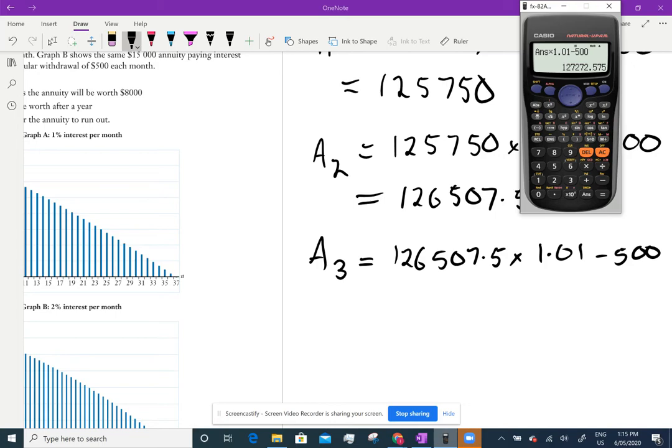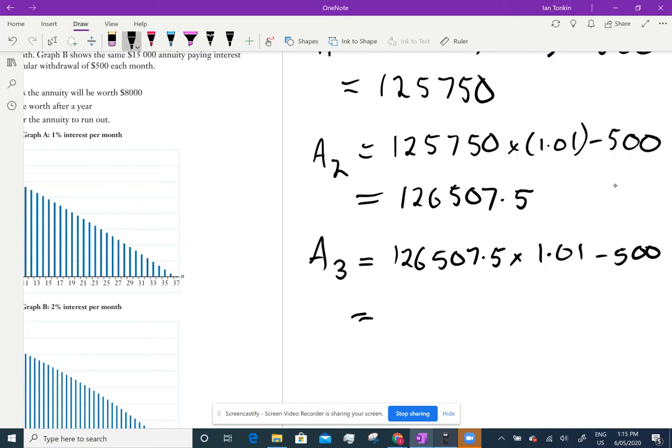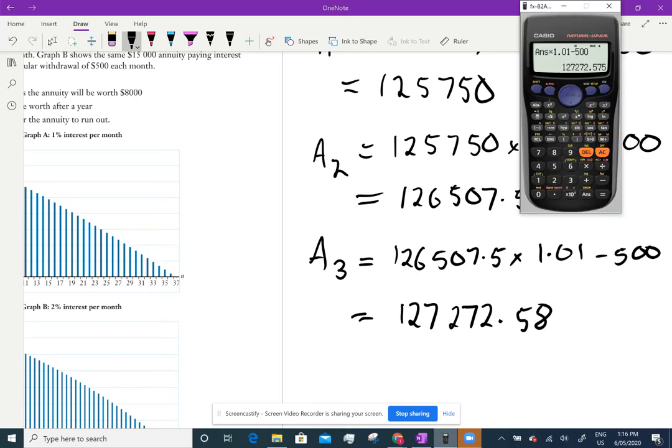And that's the right answer. The answer is 127,272.58. And what did we get? 0.575. Once you start rounding, you're going to start affecting this equation. If you round that to 0.58, it's a little bit more.